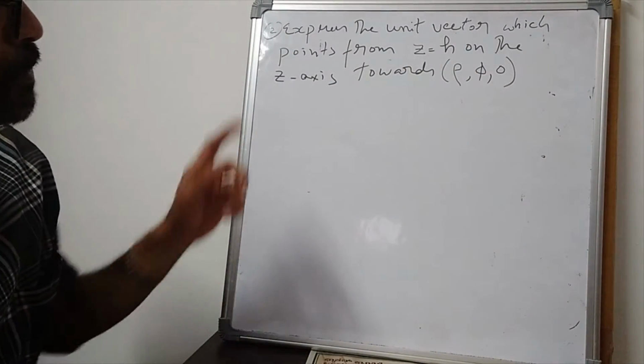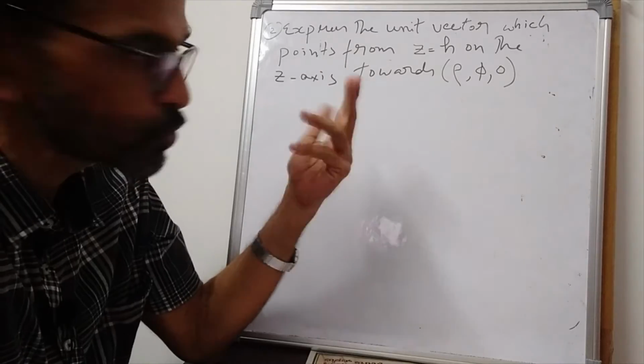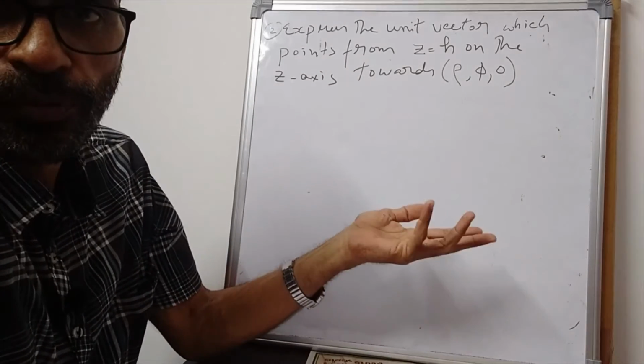So express the unit vector which points from z equal to h on the z-axis to rho phi 0.